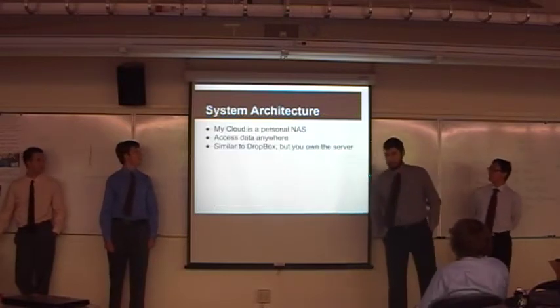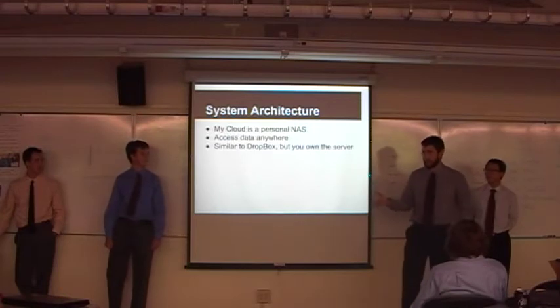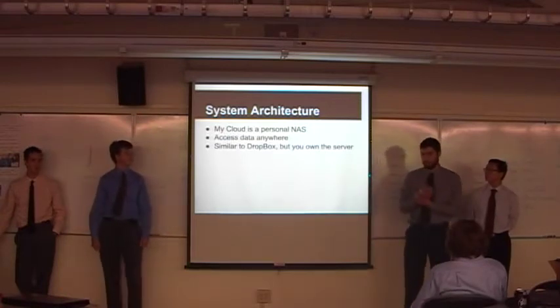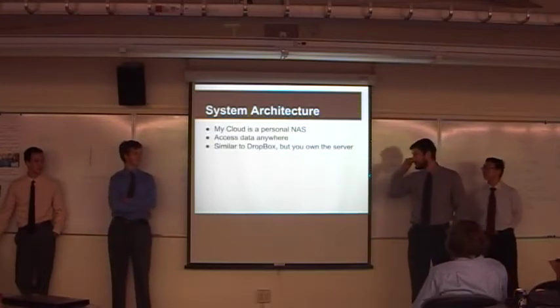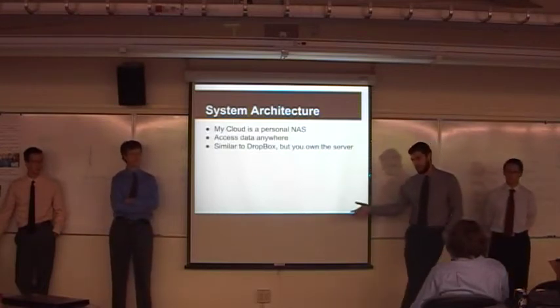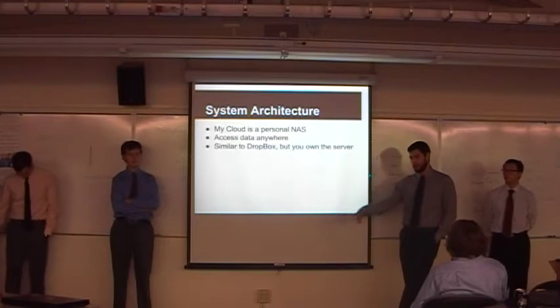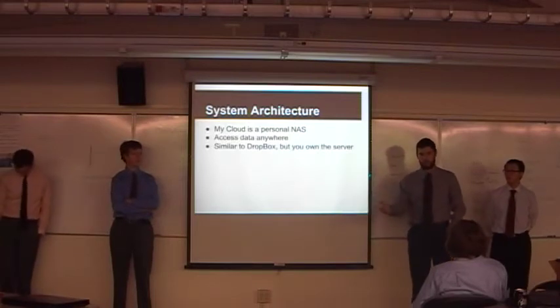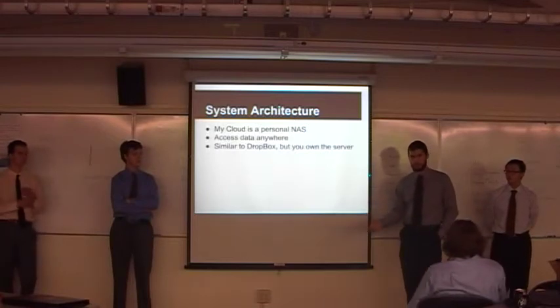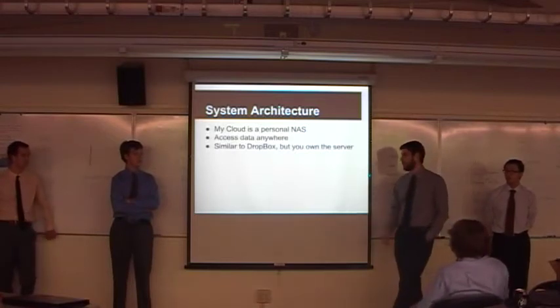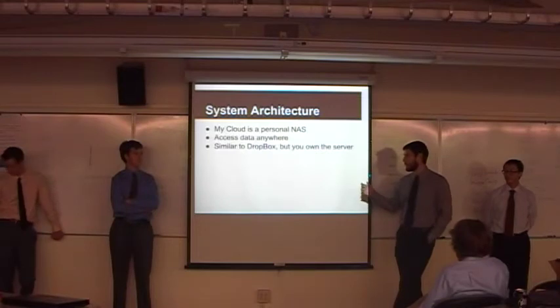Alright, so I'm going to go over the system architecture through a couple of examples. As Donnie said, MyCloud is your personal NAS that you can have at home. You leave your box at home, and it differs from Dropbox or Google Drive in that you own what the data is stored on, as opposed to it being owned by some random third party.